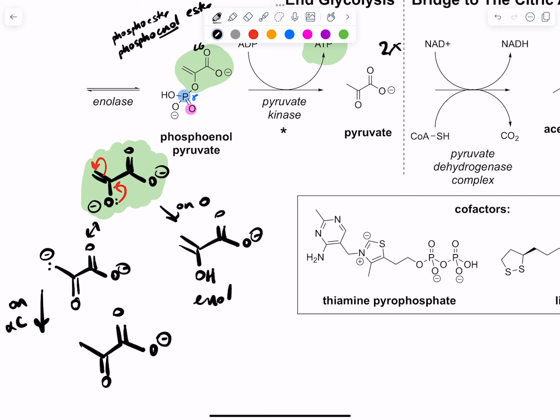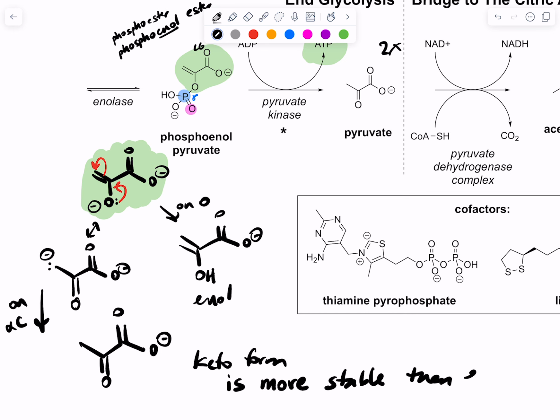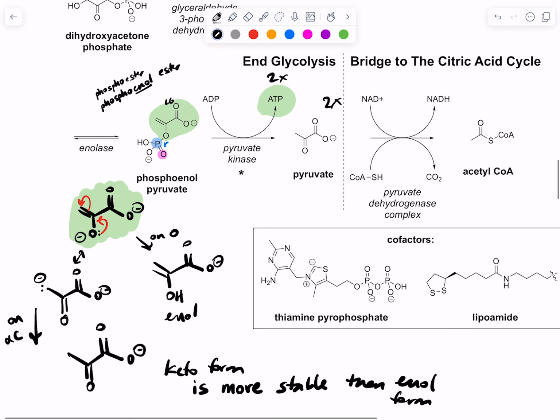And one of the things we learned, or that maybe you remember, is the keto and the enol forms are tautomers. They differ only in the location of a pi bond and a proton. And the keto form is more stable than the enol form. So this phosphoenol ester is spring-loaded to become an even better leaving group than it is after it leaves.